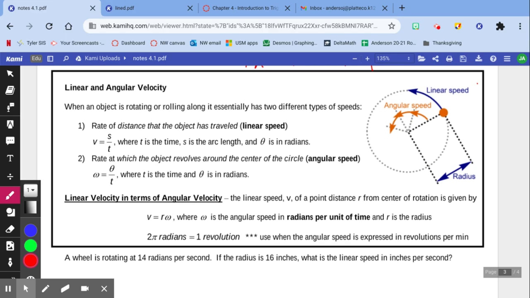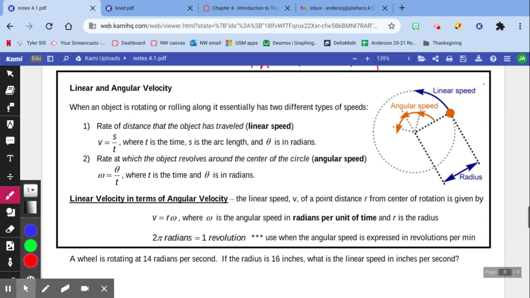This is a lot of information on this one particular picture. Ultimately, we're going to be looking down here at where we are comparing linear velocity in terms of angular velocity. I've put a couple of different formulas here, the linear speed and angular speed formulas. Linear speed is basically the distance over time, and angular speed is your radian measurement over time.